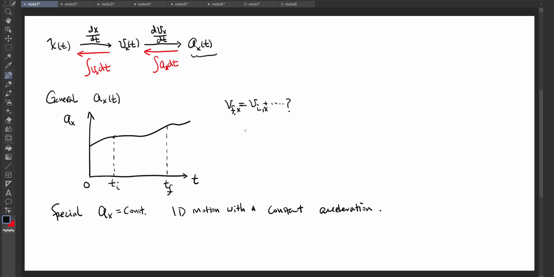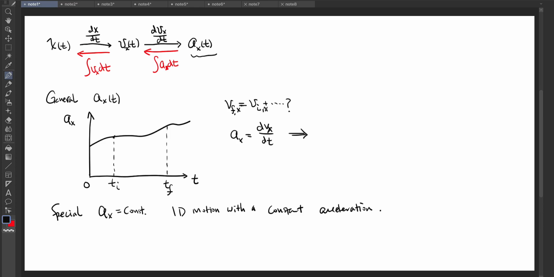Mathematically, we know from the definition that a_x is dv_x/dt. Now maybe you're not very familiar with calculus. The derivative here is like division, so you can understand this as dv_x over dt.